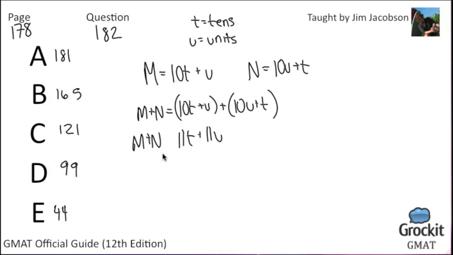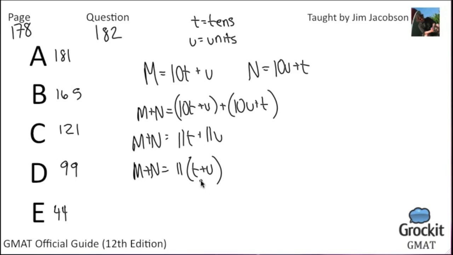So m plus n then equals 11 times the sum of the tens digit and the units digit. So no matter what, m plus n is going to be a multiple of 11, no matter what tens and units digit we choose.